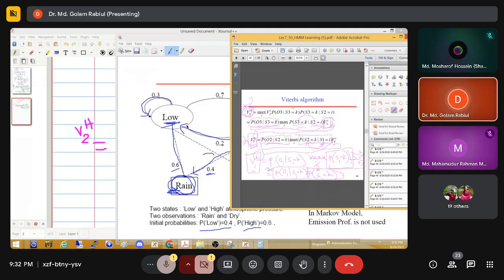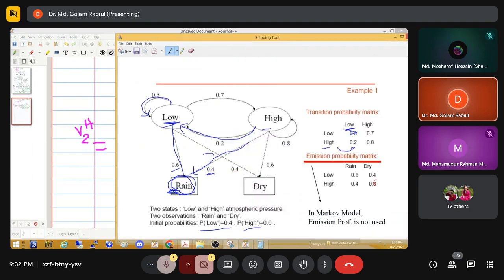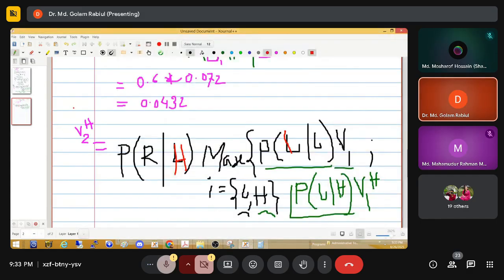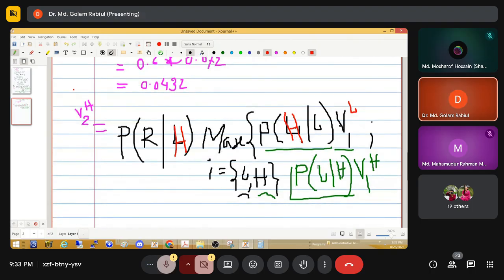From our Viterbi algorithm, the probability of S2 equal K given S1 equal I. So now K is H. I we have considered initially as L, and this one is H actually, and V1H.